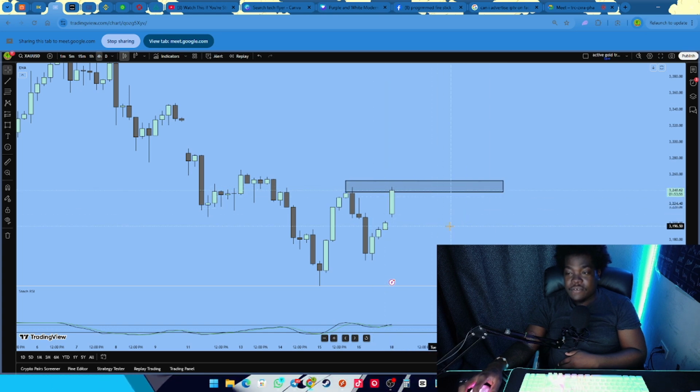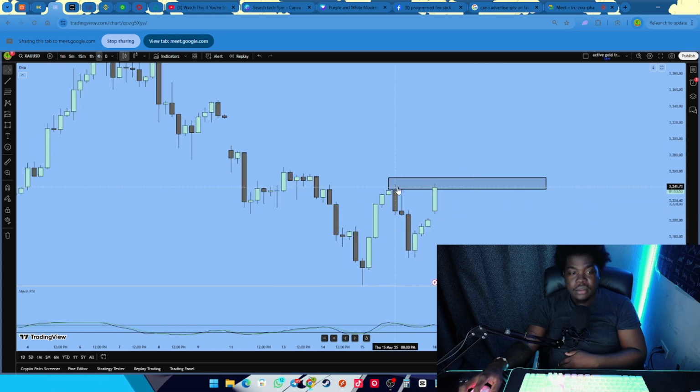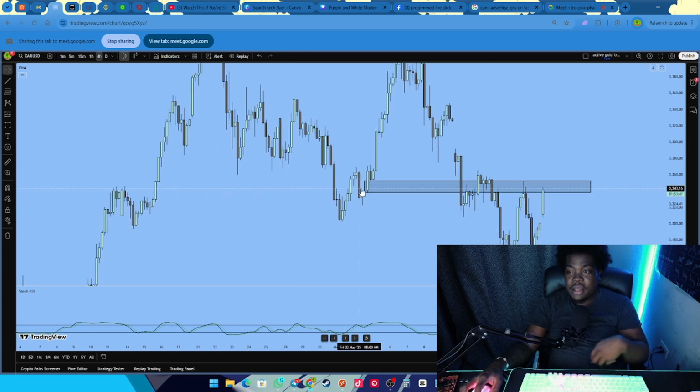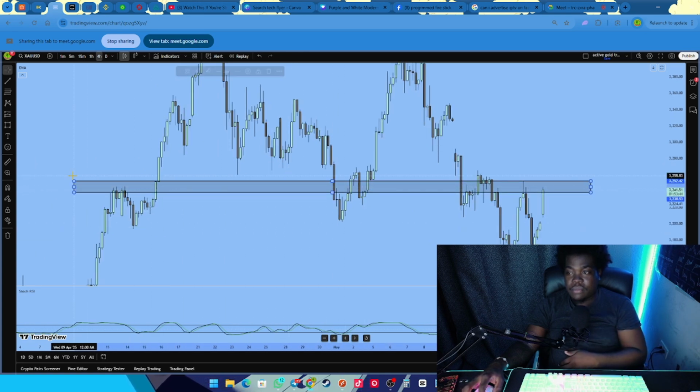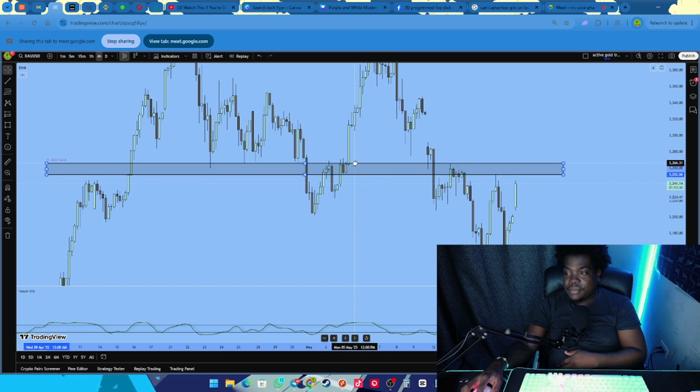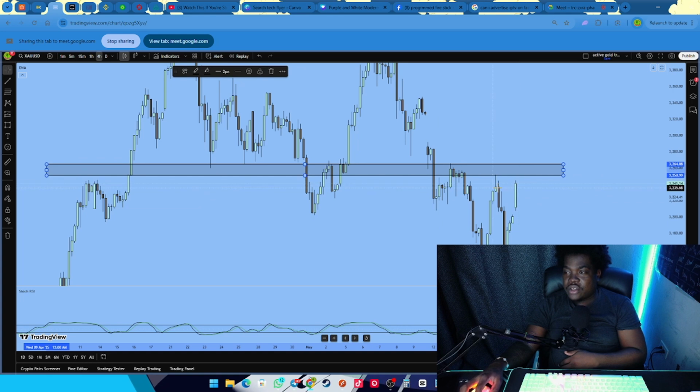To confirm you drew it properly, you drag it across to see how many places the market touched or turned around from. Here, I might have drawn it a little higher because the price is kind of close to this area.